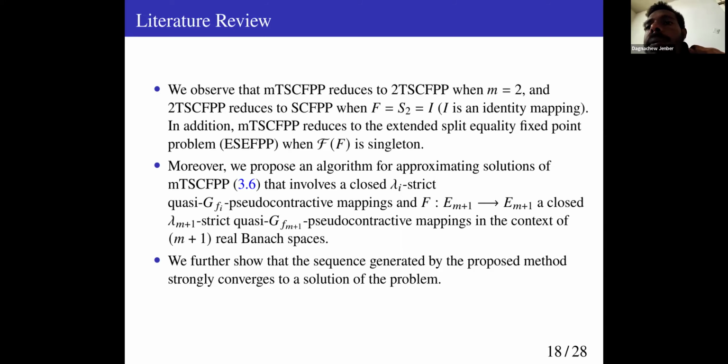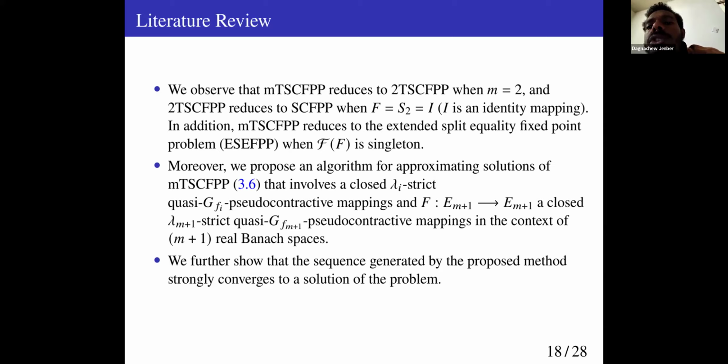Moreover, we propose an algorithm for approximating solutions of the M-tuple split common fixed point problem defined in 3.6, and that involves closed lambda-i strict quasi-J pseudo-contractive mappings, and F from E(M+1) to E(M+1) is a closed lambda-(M+1) strict quasi-J(M+1) pseudo-contractive mapping, of course, in the setting of M plus 1 real Banach spaces.